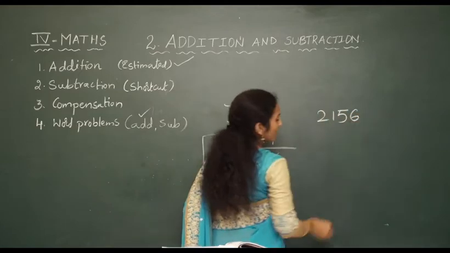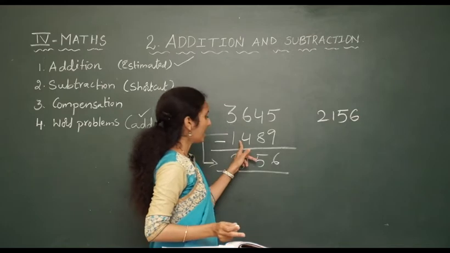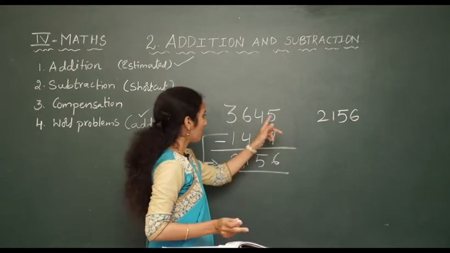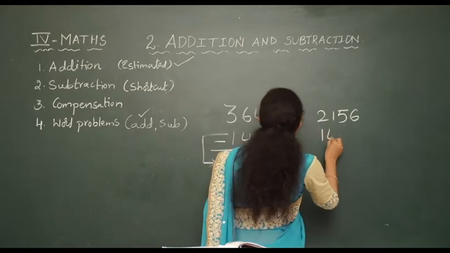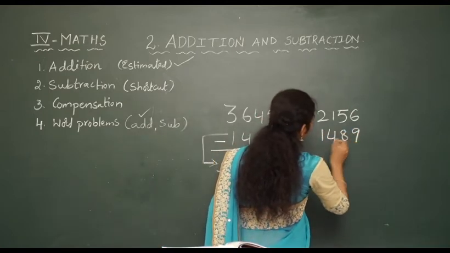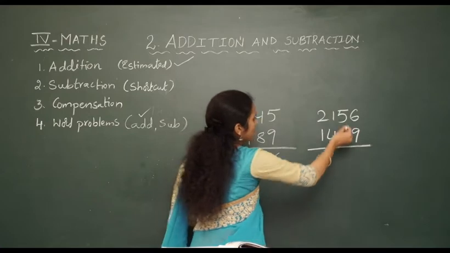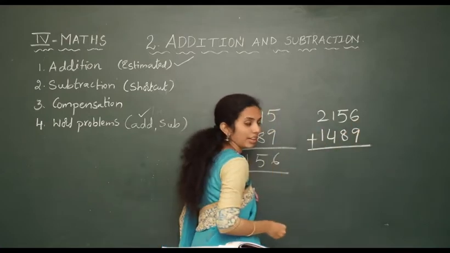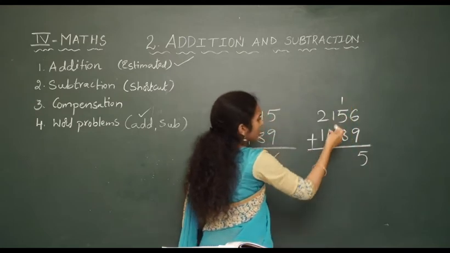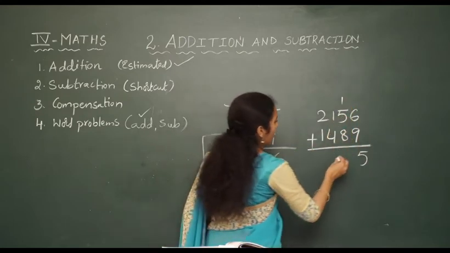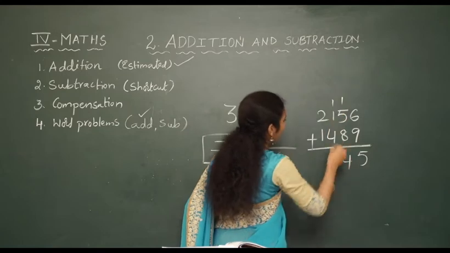2156, which is our result, and the second number which has to be subtracted from the big number, that is from the first number, that also we have to write here and do the addition. Now 6 plus 9, now we are doing addition here. Now 6 plus 9 is 15 and 1, and 6 plus 8 is 14 and 1 here.